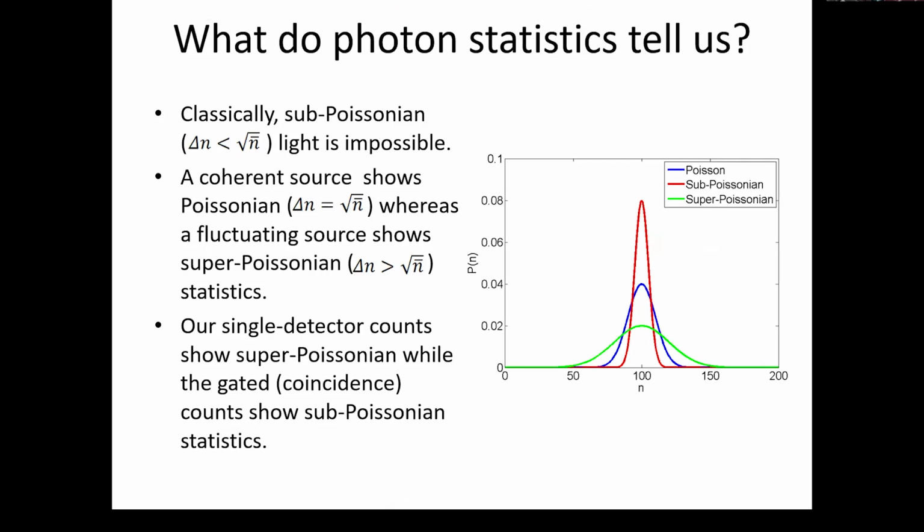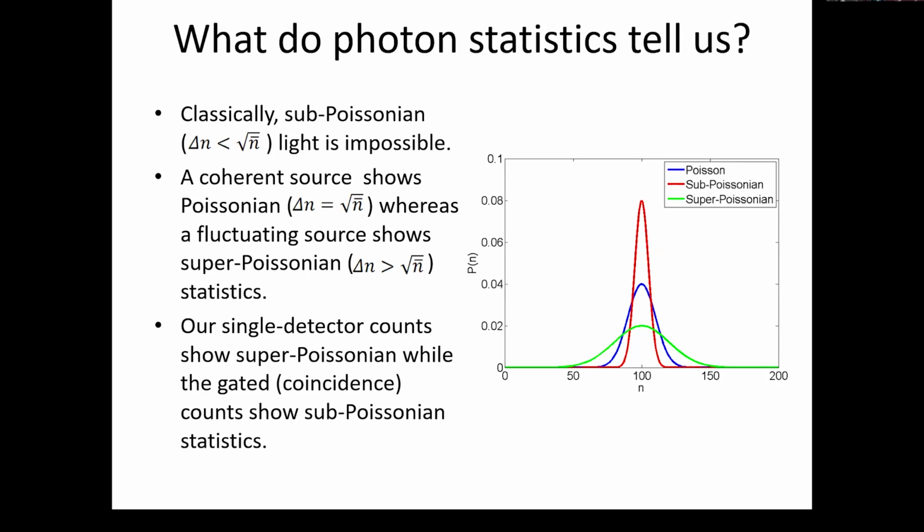If I plot the number of photons against the probability of detection, I can get three kinds of light. One is light from a laser, a very nice coherent laser. The statistics of detection will follow the blue curve, and this distribution is a Poissonian distribution.